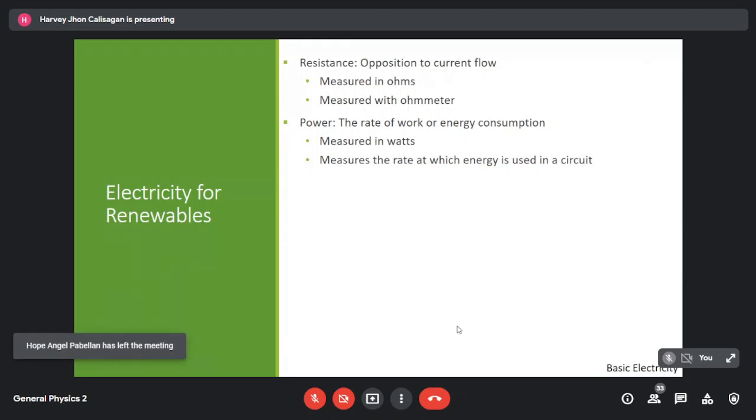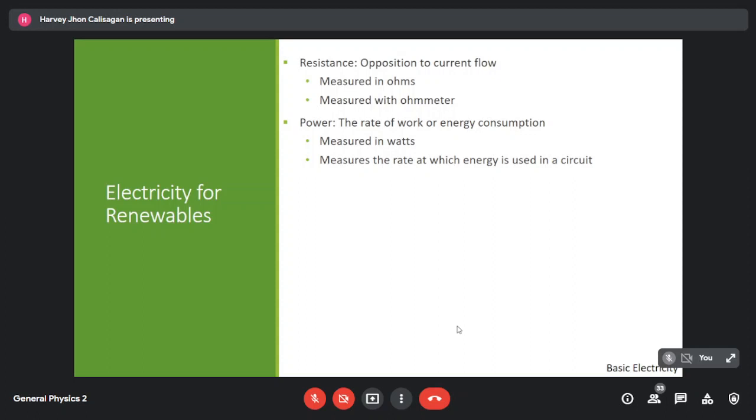Okay, so power. I think you know already what the meaning of power is, class, because power is the rate of doing work. Or sometimes, since we have discussed the difference between the machine and the human power, if we are talking about the machine, we're talking about the energy consumption.